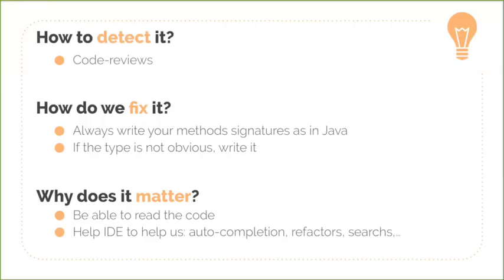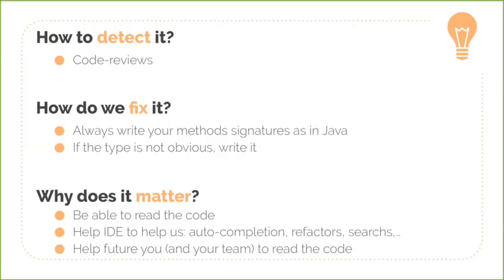We also want to help our IDE to help us. With types, we have refactors, we have autocompletion, we can use the IDE for search. And without types, even using IntelliJ, it's complicated. So use types to help your IDE to help you.